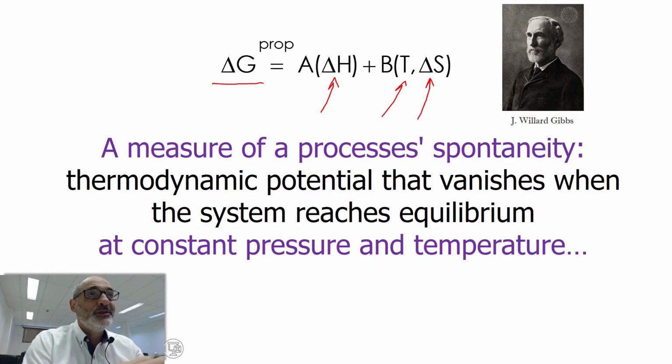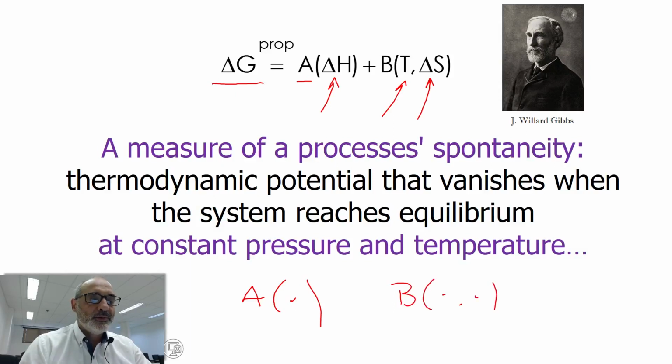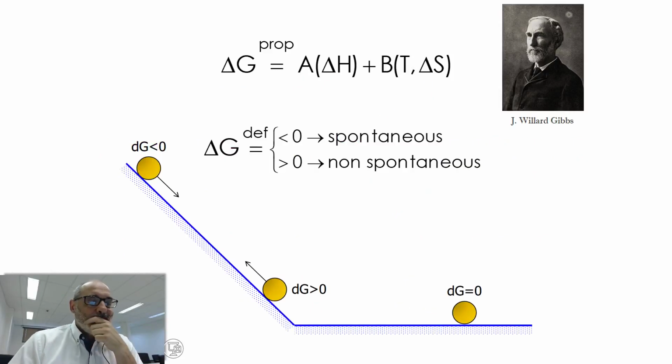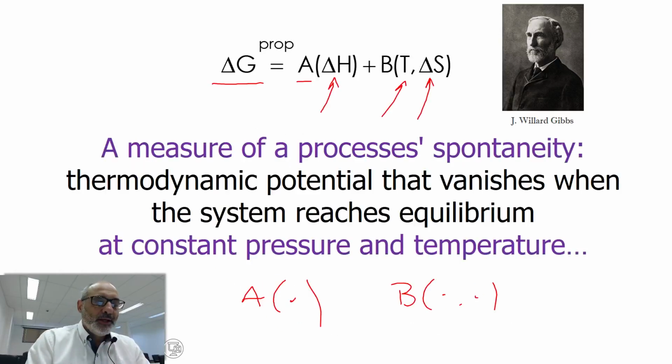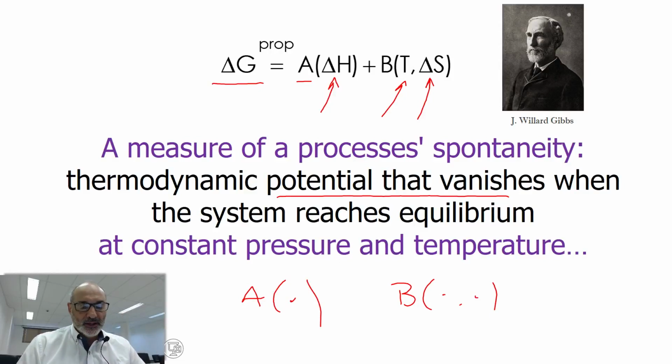So these generic functions are A and B. A is a function, we're going to see what it can be, and B is another function of two variables, like here. He also wanted this potential to vanish when the system is in equilibrium.